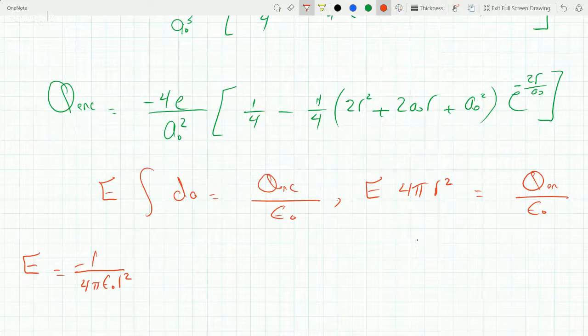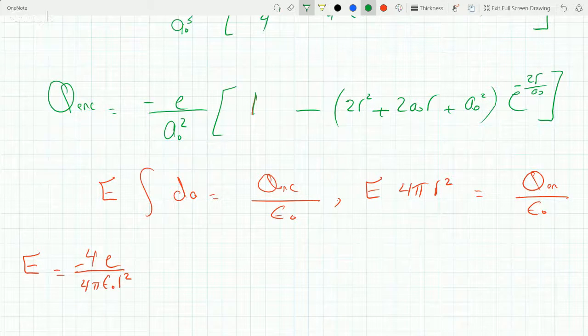So I will get minus 4e over... I could probably cancel this 4 with this 4, so I just have 1 minus this.